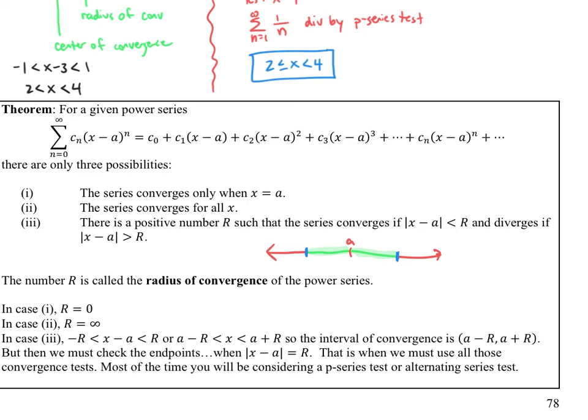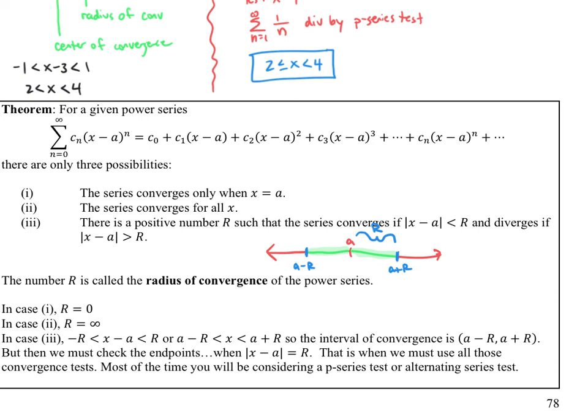So this is going to be a plus r, and not x plus r, a plus r, and this will be a minus r, and the value of r again is your radius, which is this length right here. And so the interval, if the absolute value of x minus a is less than r, would be all of the green right there, which would be convergent.